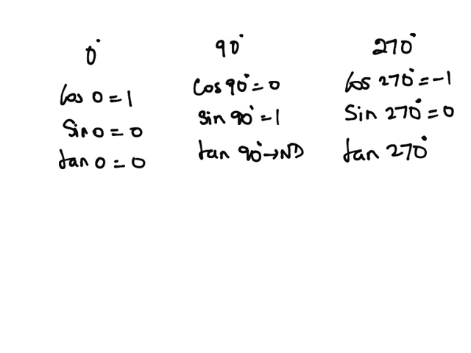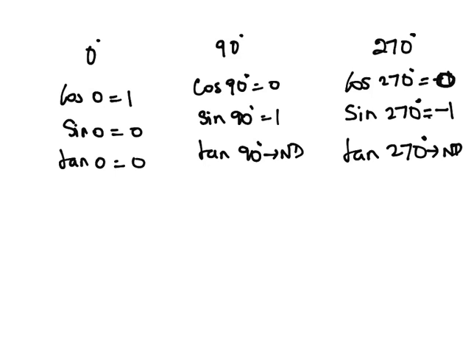I'm sorry, I think I made a mistake here. Cos 270 degrees will actually be 0, not minus 1, and sin 270 will be equal to minus 1, and tan 270 degrees, again it is not defined. I was planning to take 180, but instead I mentioned 270 here.